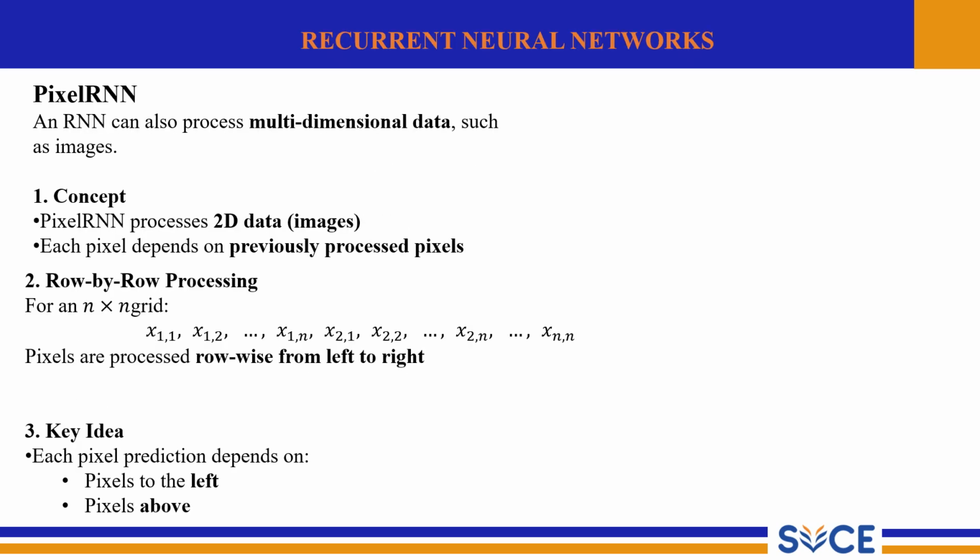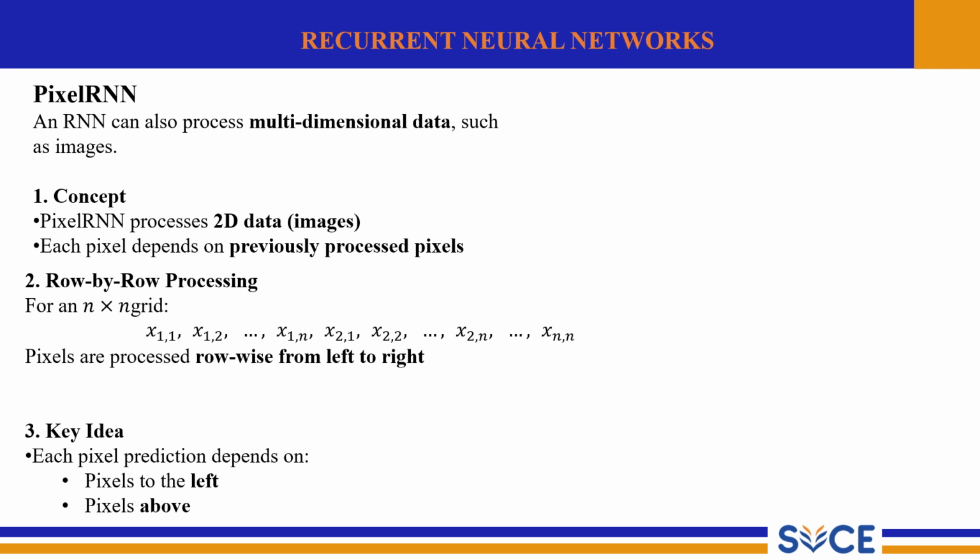The next topic is Pixel RNN. The main concept of Pixel RNN is that it is a generative model that applies the idea of recurrent neural networks to images, which are two-dimensional structures.